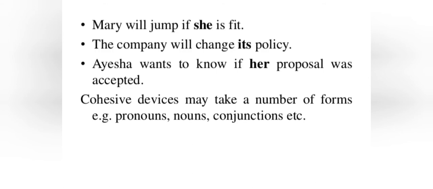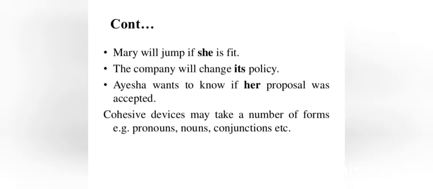But imagine if we removed the first part, Mary will jump, and someone just comes and says, "If she is fit." Obviously, we're going to wonder who is fit. If you are going to ask such a question, then we say the sentence is not cohesive because it is not giving us a complete meaning.